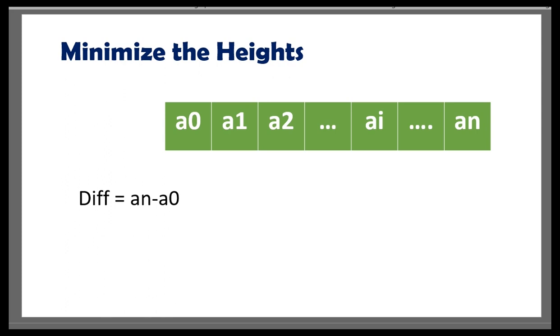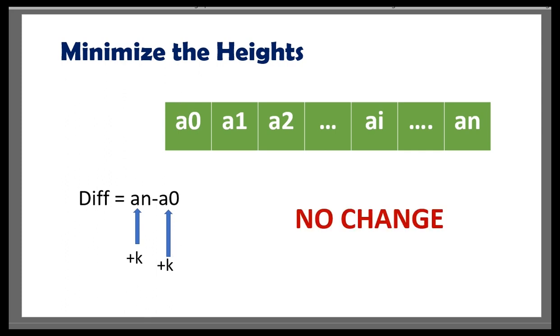One way to do this, as we need to modify each and every value by k, is adding k to both the values, means adding k to a0 and adding k to an also. But after doing this we will not get any change in the difference of an and a0, so this is of no benefit.